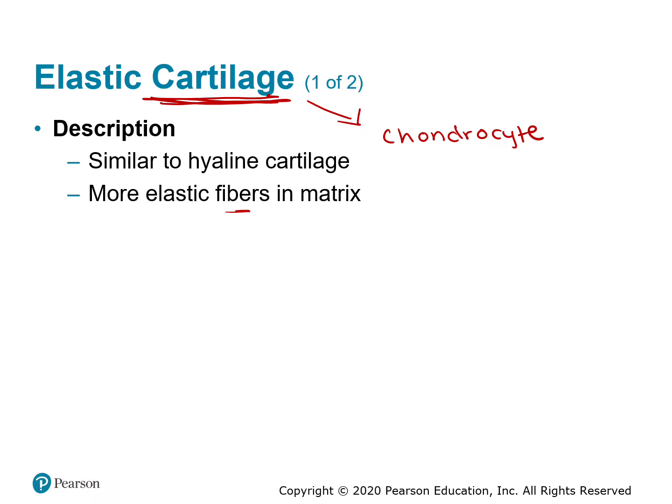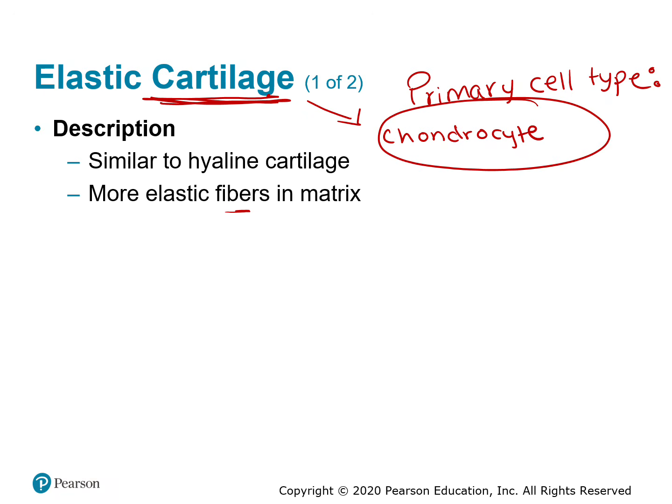Because there are fibers there, you know that there are fibroblasts, but they are not the main cell type, not in cartilage. Your primary cell type in cartilage is going to be a chondrocyte.